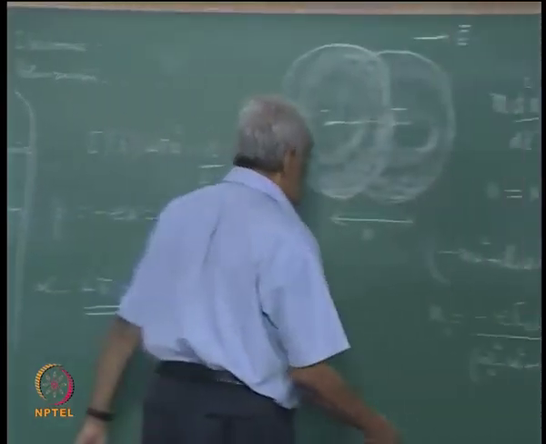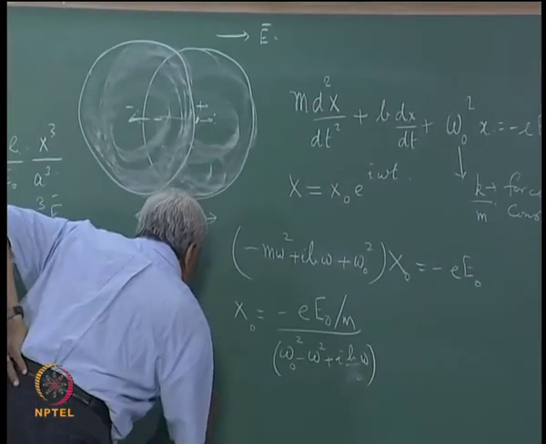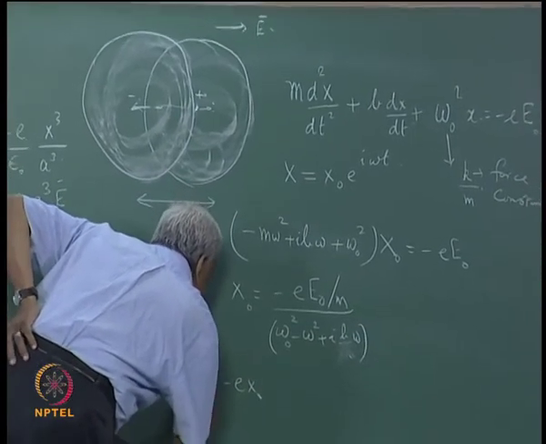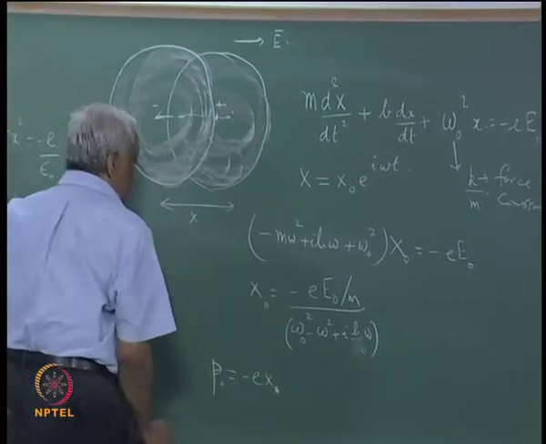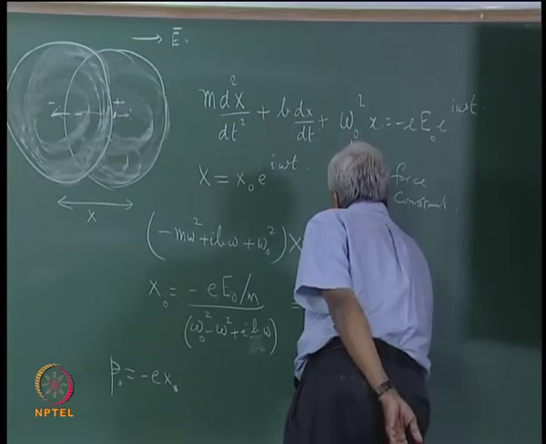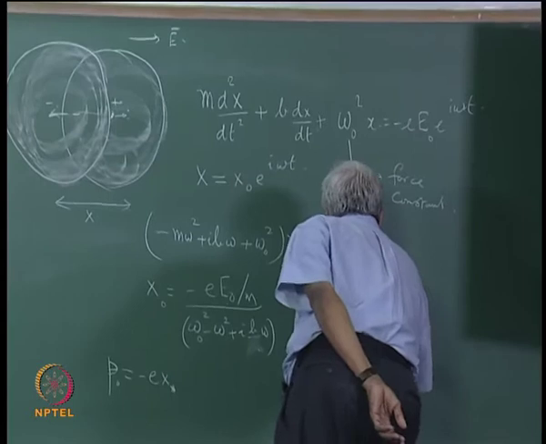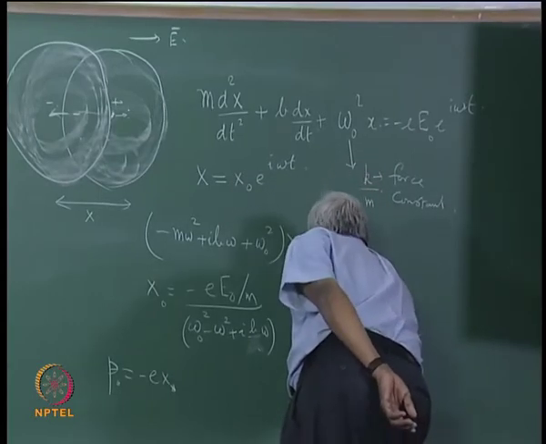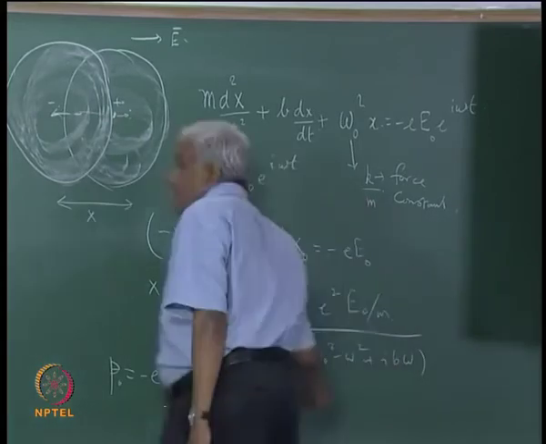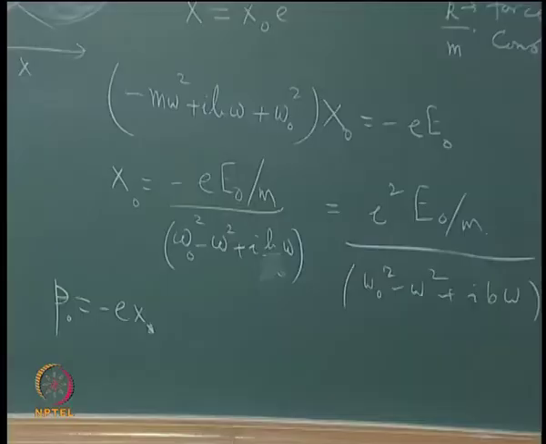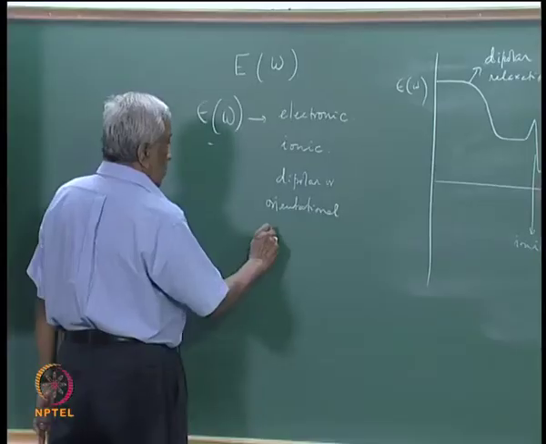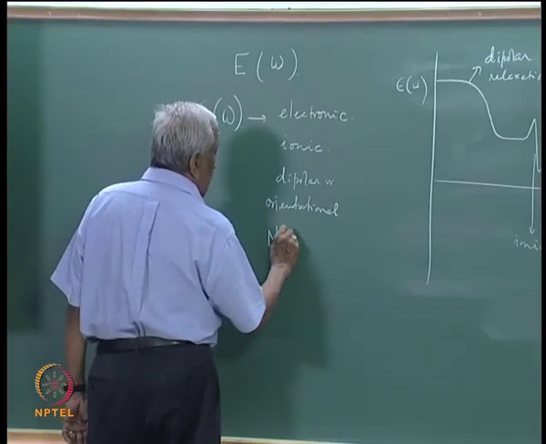So, immediately we can calculate the dipole moment, because the dipole moment in this case is minus e x naught, that is the amplitude of the oscillating dipole moment. And since we have the dipole moment, the total polarization is just n times p.